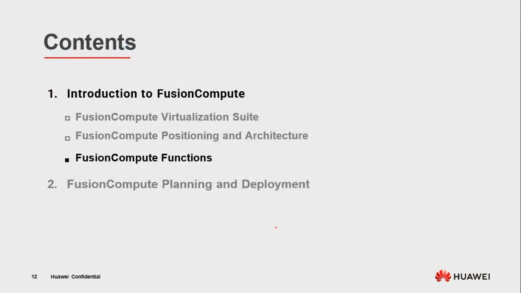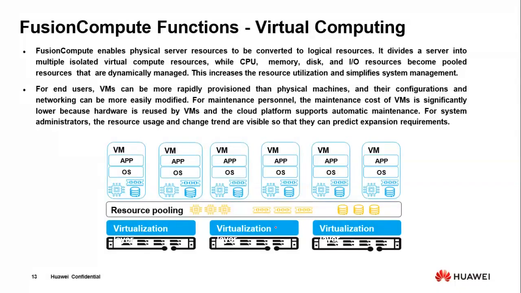More functions of the FC, that's the virtualization technology. Number one is virtual computing, one of the main functions. This is not different from what we discussed in the previous chapter about virtualization. You can partition, you can isolate, and you can also migrate virtual machines.